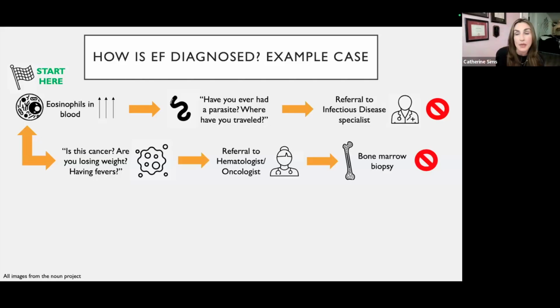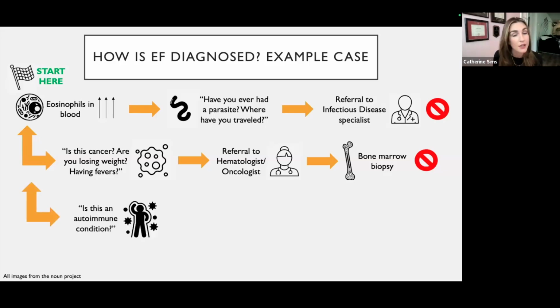So in some cases, if the cancer doctor thinks it's appropriate, you can get a bone marrow biopsy. This is typically done in a clinic. They'll use local anesthesia, and then they will do a biopsy in clinic. It's then sent to a pathologist, just like we talked about with the muscle biopsy, and they will say yes or no, we see cancerous cells. But in this case, you don't have cancer.